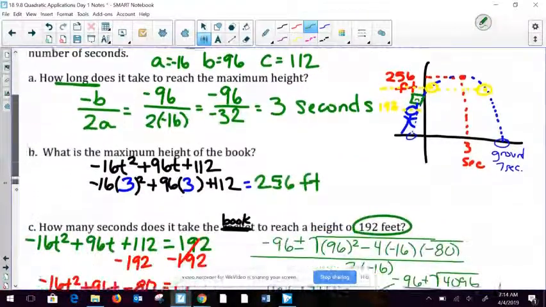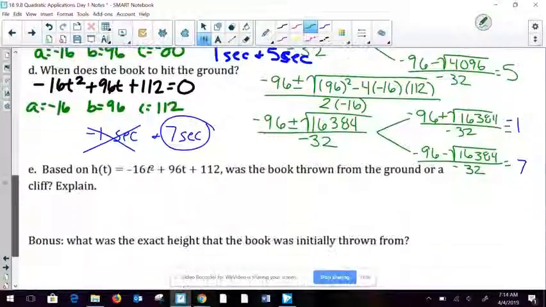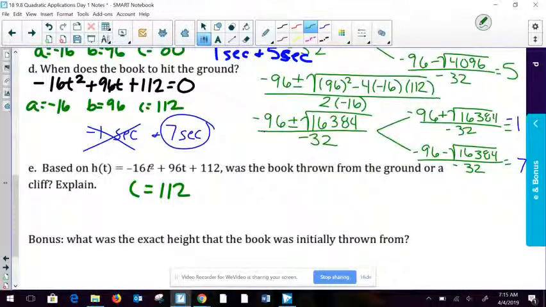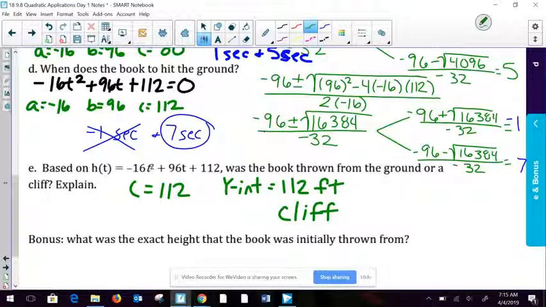So C is equal to 112. So that means that my y-intercept is equal to 112 feet. So was that off of the ground or a cliff? Well, it would be off of a cliff. The reason being is because it was thrown from an initial height of 112 feet.